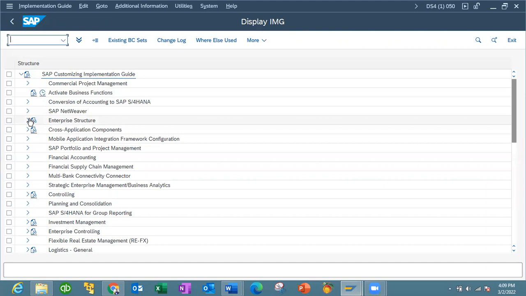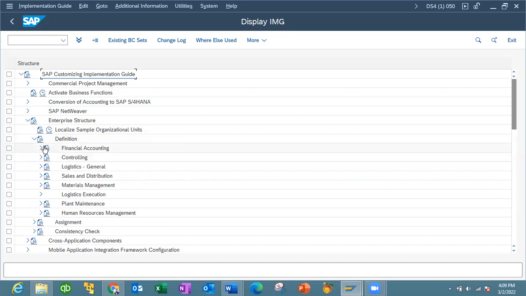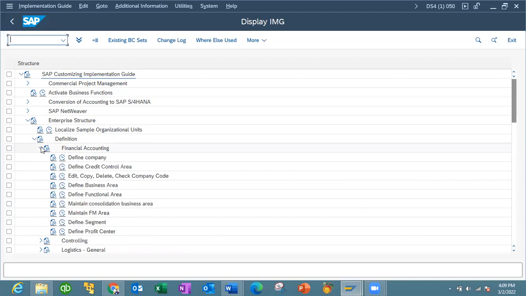It starts with the enterprise structure. Then you go to definition. Then this is our module. You can see logistics, sales and distribution, material management, plant maintenance, human resources, and so on. Ours is finance and controlling. If you go to finance, you have all these configurations to do.